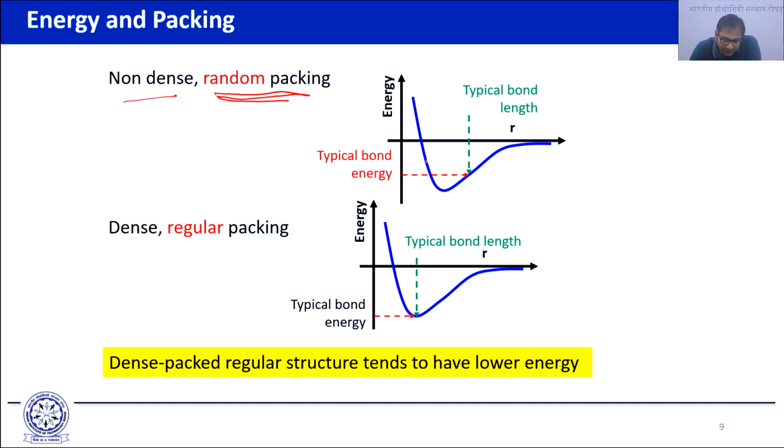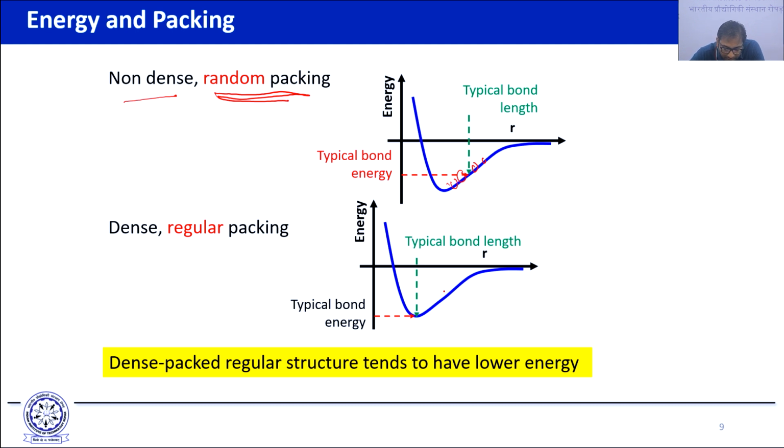So this is a type of curve that you might be familiar with, where you are plotting the potential energy as a function of the interatomic separation. So what happens is, if you have a random arrangement, the chances are the atoms are probably sitting somewhere on this curve. In other words, the interatomic separation is larger. And if the interatomic separation is larger for the same number of atoms, the overall volume occupied by the material is large, and therefore the density is low.